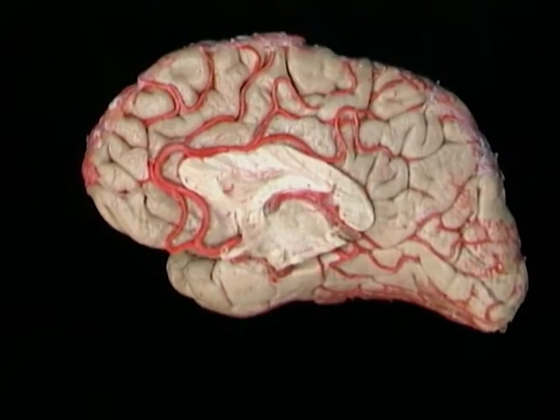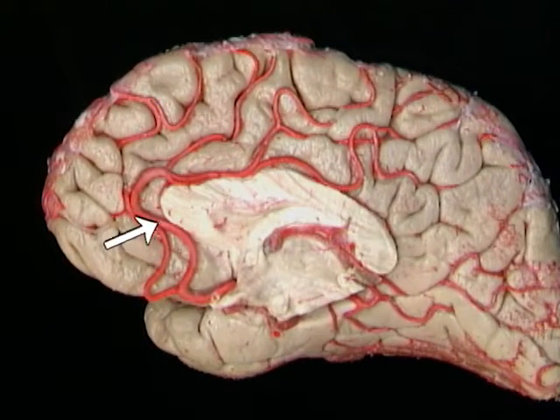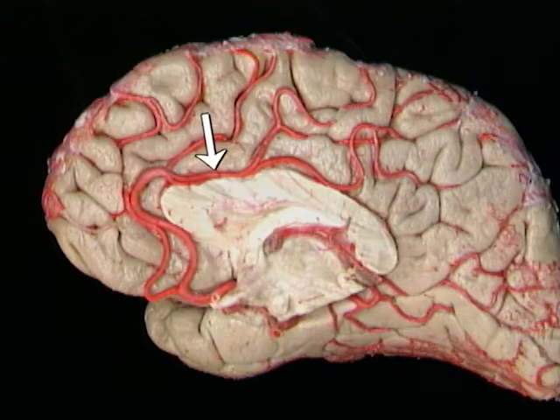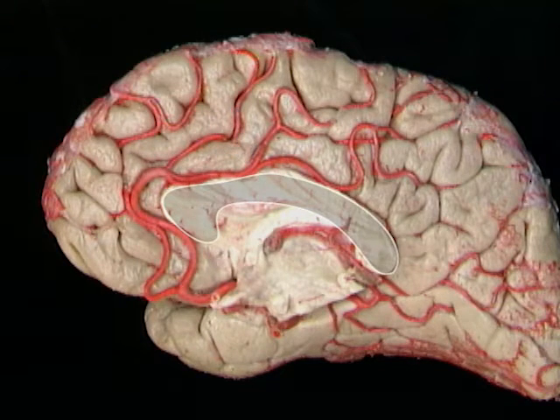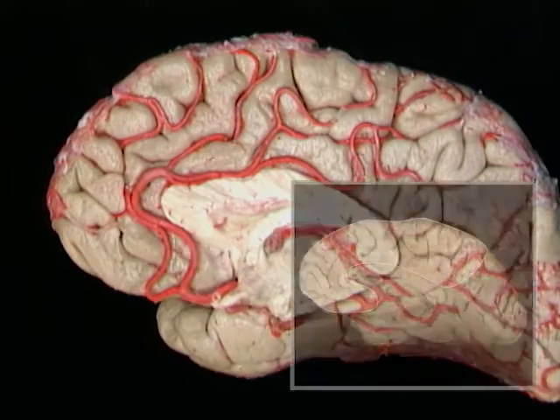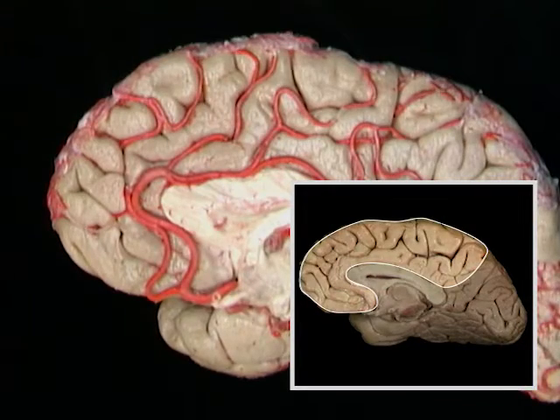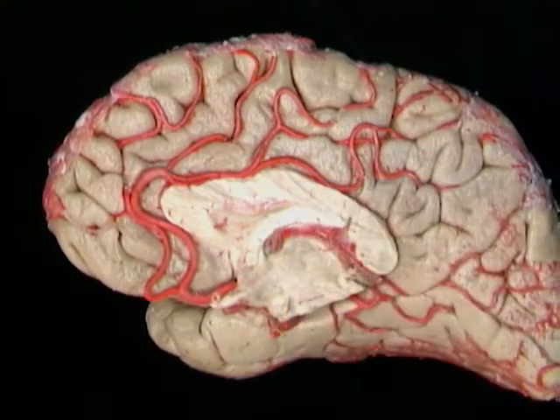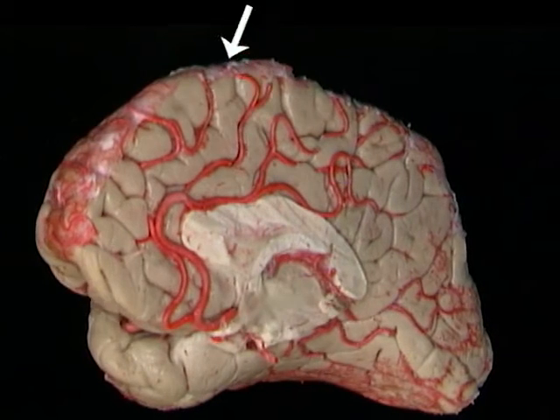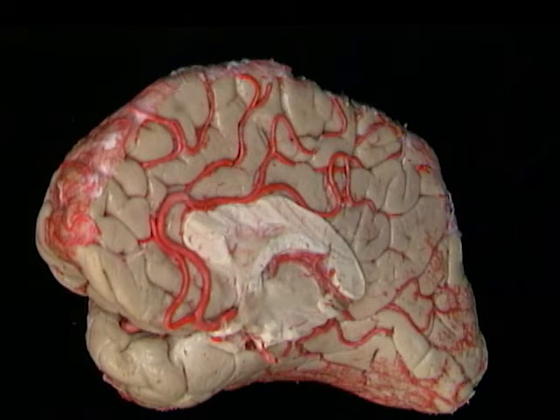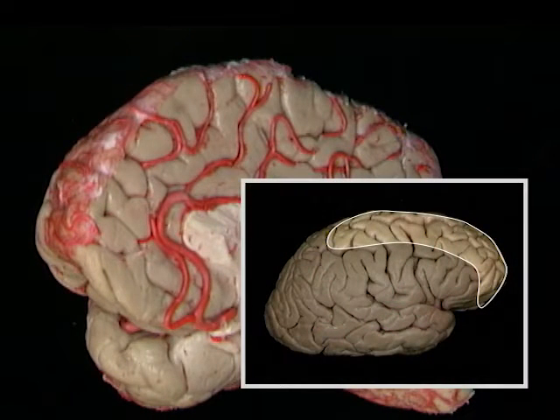Each anterior cerebral artery runs upwards and then backwards, close to the corpus callosum. It gives off branches which supply this area on the medial aspect of the cerebral hemisphere, and which then reach over the superior margin of the hemisphere to supply this area on the lateral aspect.